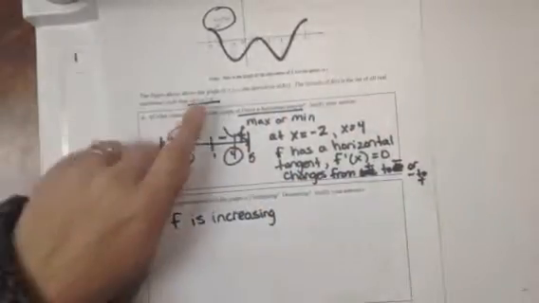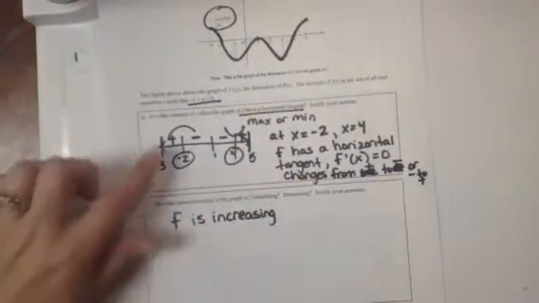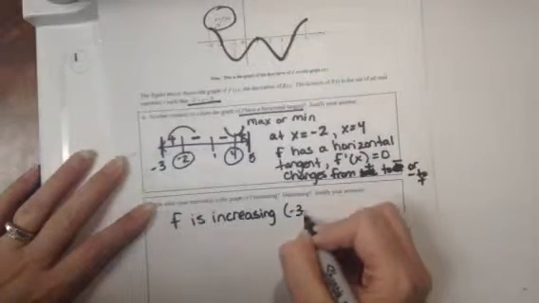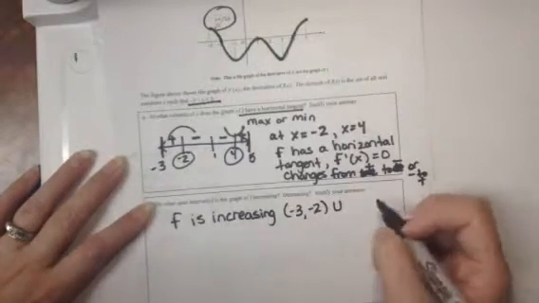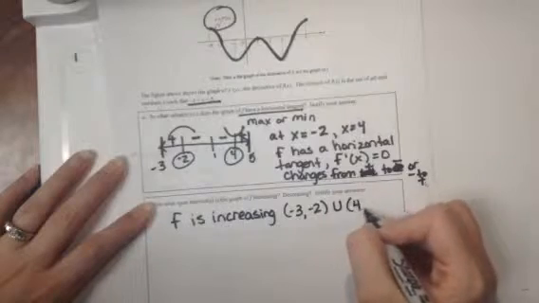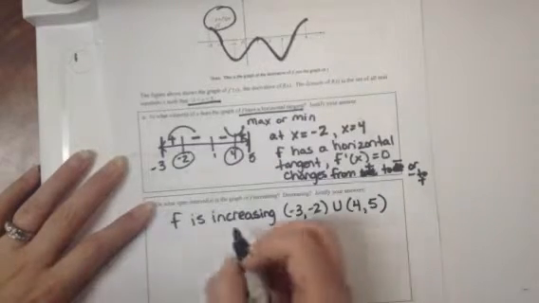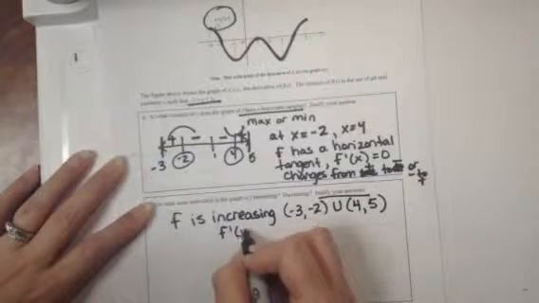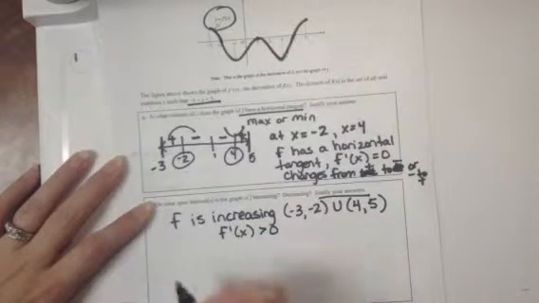We're not going past those because we have a limit here. So it's increasing where the first derivative is positive, so from -3 to -2, union 4 to 5. And you also have to justify your answer. The derivative is greater than 0 there.